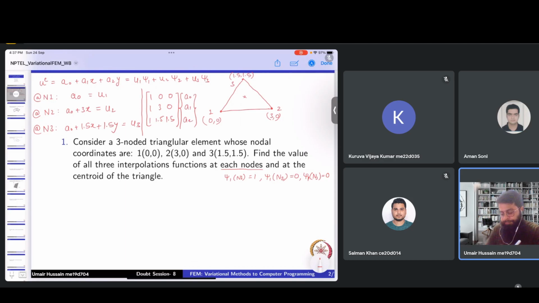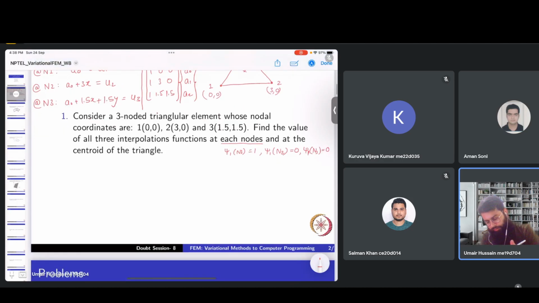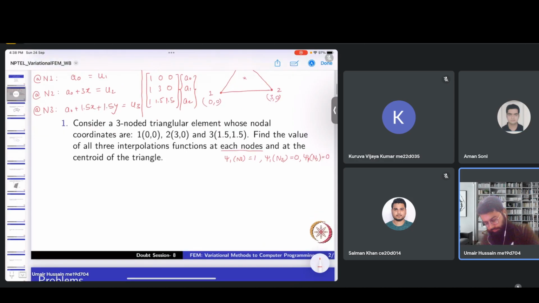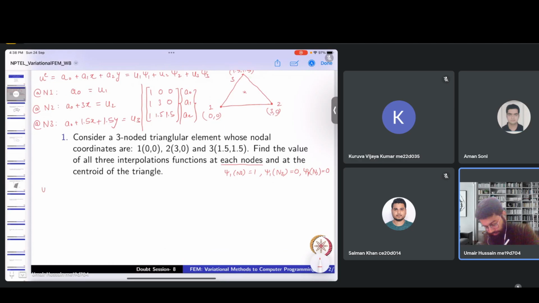Can we do it the other way? So we know a0 equals u1, since these are the unknowns. Okay, I made a mistake here.